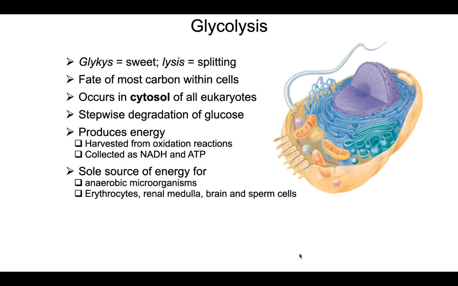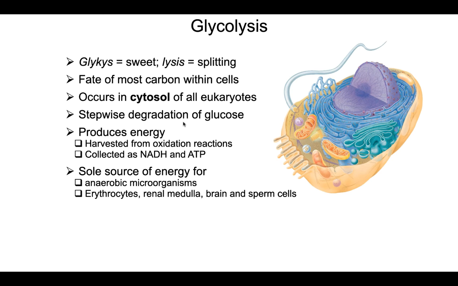Now, glycolysis is one of the most primitive forms of metabolism, one of the first forms of metabolism that evolved. Glycus means sweet, lysis, splitting. So splitting of the sweet stuff is what glycolysis means. It's the fate of most carbons within cells. Like I said, it occurs within the cytoplasm, so it doesn't require any specific organelle to happen. It's a stepwise degradation of glucose.